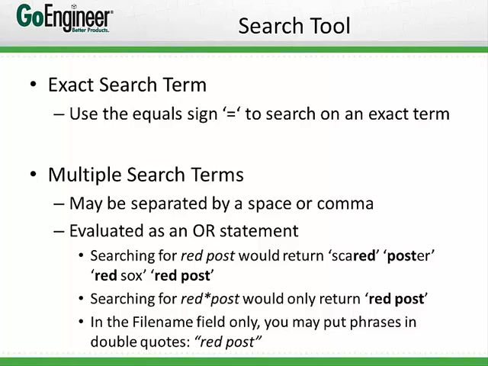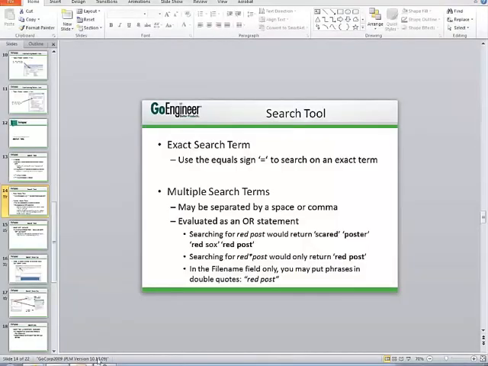So if I were to search for the term red post, that would return results where red was contained anywhere in the word, post was contained anywhere in the word, or red post was contained in the file name. So let's take a look at how that would function.